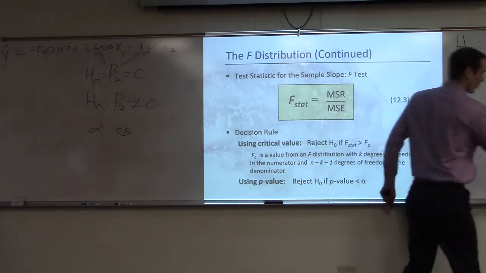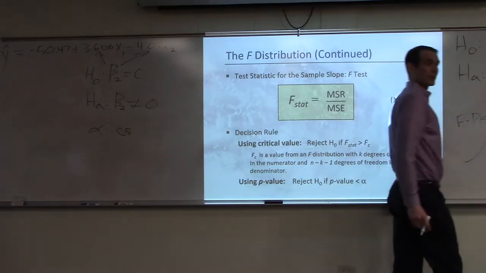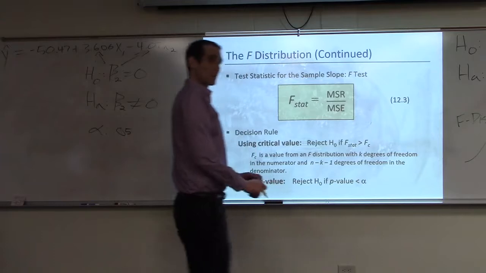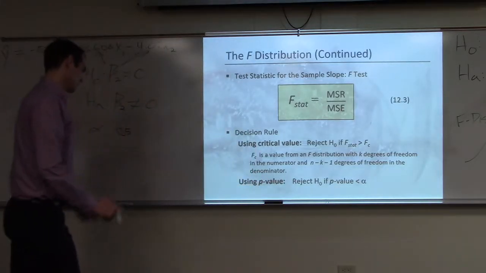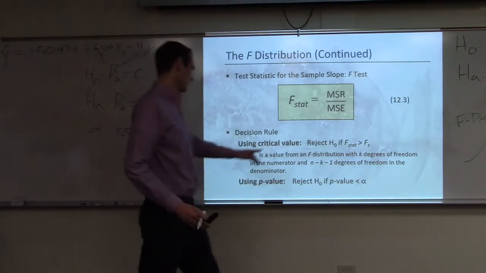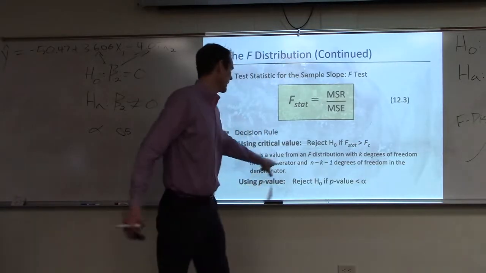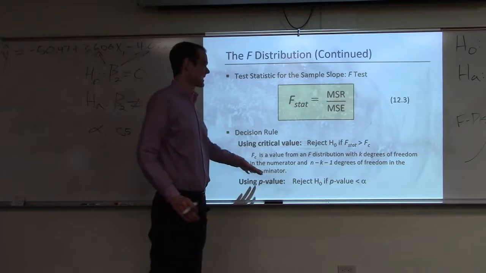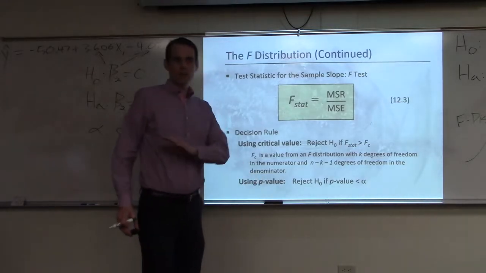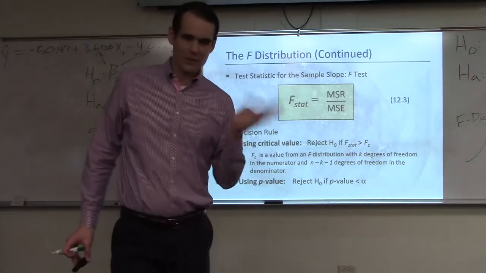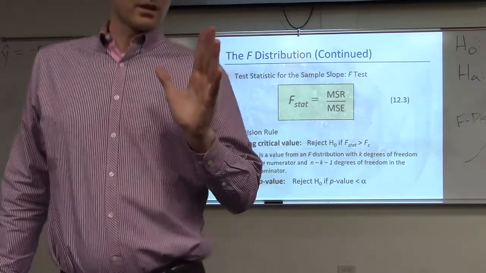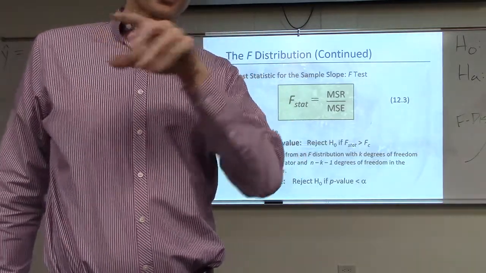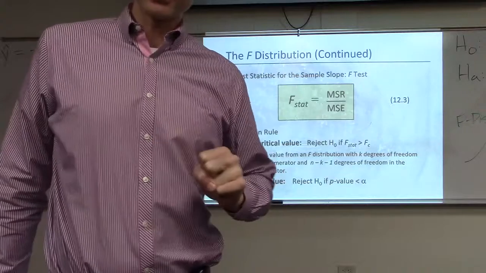The question is, what is this critical value? What is this number? We need to look on the F table, and we're going to have k degrees of freedom in the numerator and n minus k minus 1 degrees of freedom in the denominator. If you turn to the back of your book to the F table, you can choose numerator and denominator degrees of freedom.